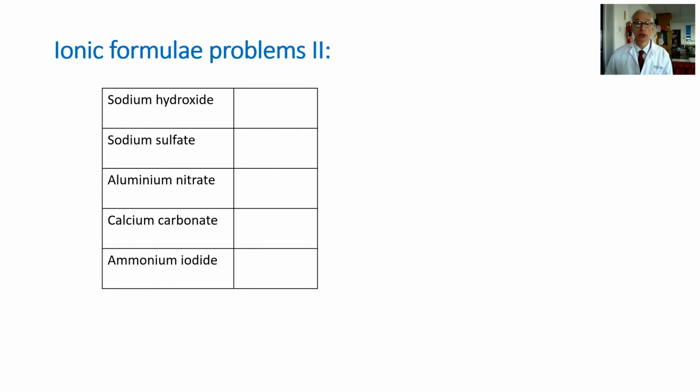So let's move on to some problems that involve group ions. The first one we're going to look at here is sodium hydroxide. Sodium, we know, is a 1+ ion. And the hydroxide ion, OH-, look back at the previous slide if you're not clear.